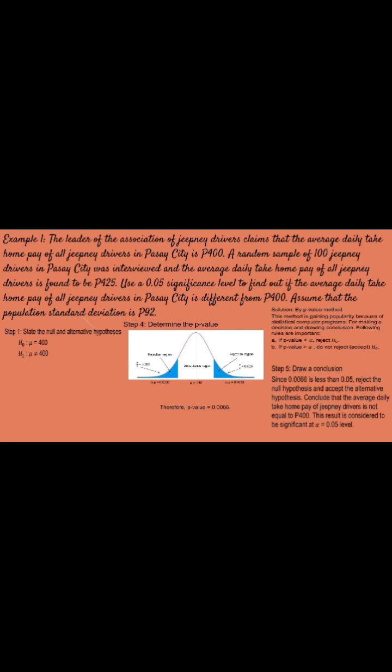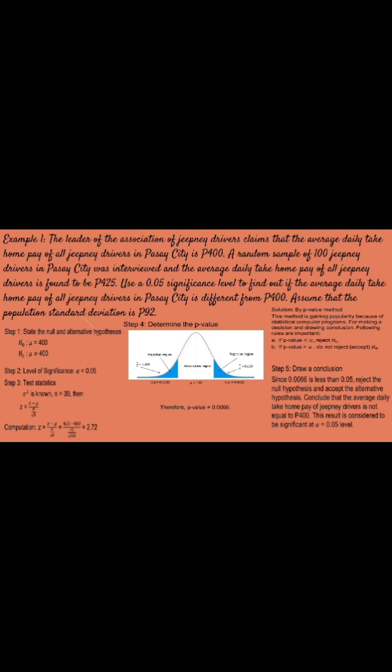So we have population mean is not equal to 400. For step 2, find the level of significance. In the given problem, the significance level is 0.05, so our level of significance is 0.05.